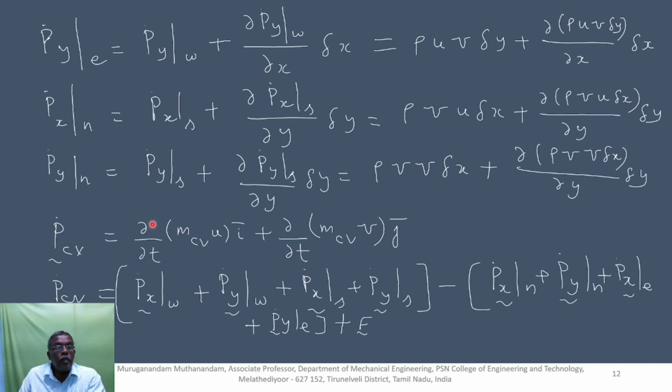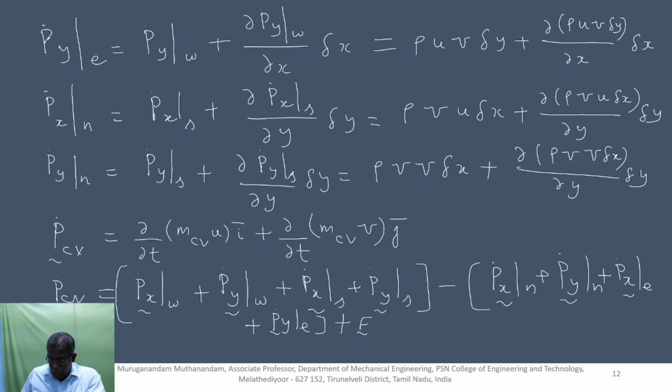Time rate of momentum, that is partial of m CV u upon partial t, is the rate of change of momentum of the control volume along the x direction. m CV v is the momentum of the control volume in the y direction. Partial of m CV v upon partial t gives the rate of change of momentum of the control volume in the y direction. They are shown with their unit vectors i and j respectively.